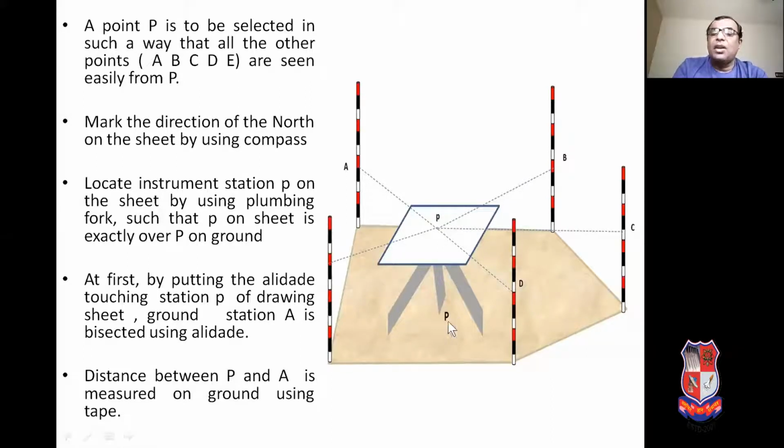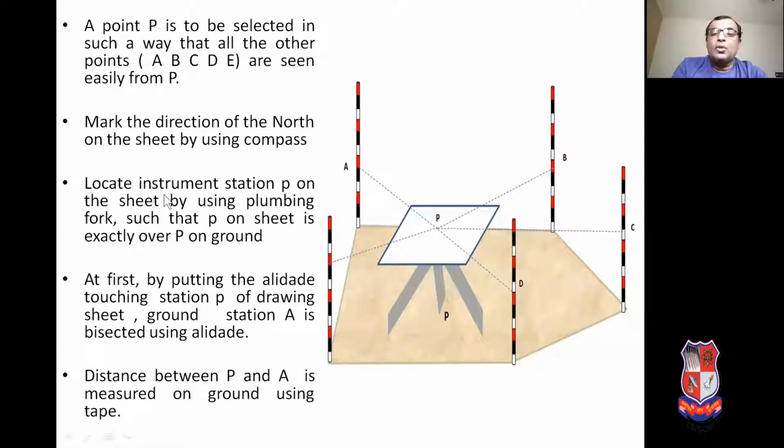After the centering process, you will get the location of the ground station capital P on the drawing sheet as a small p. So this capital P is located here on the drawing sheet of the plane table as a small p.